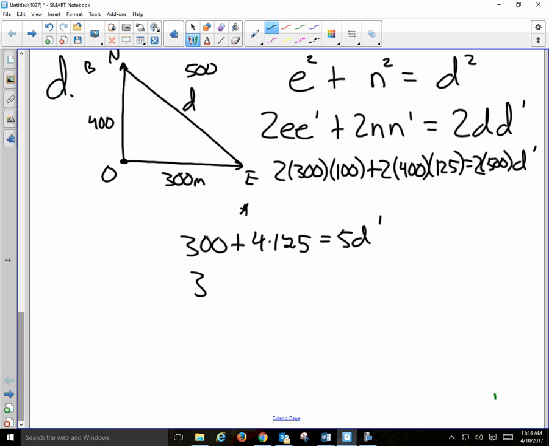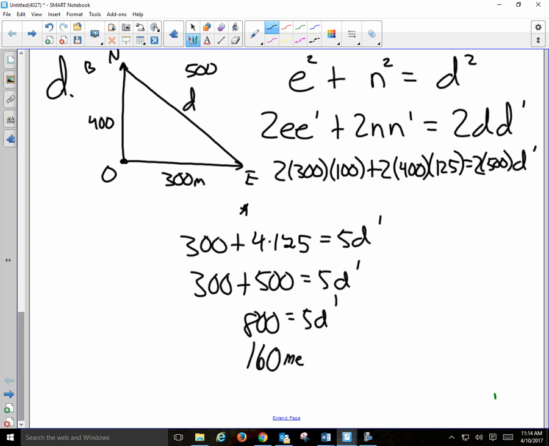So 300 plus, what's 4 times 125? 500 is equal to 5d prime, so 800 equals 5d prime. 800 divided by 5, 160 meters per minute.